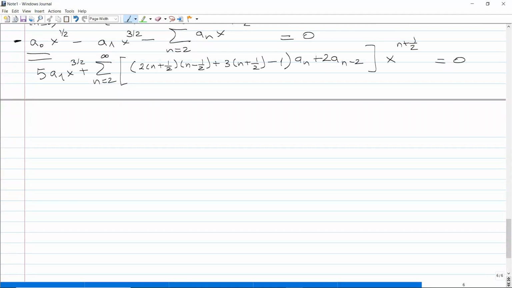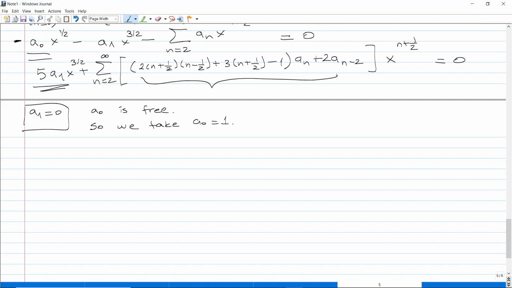Okay, so from the first one, since this whole thing has to be equal to 0, we get a1 equal to 0. Remember, a0 is free, so we take a0 equals 1. And the rest, this coefficient has to be 0. Let me multiply this out: n squared, so 2n squared.